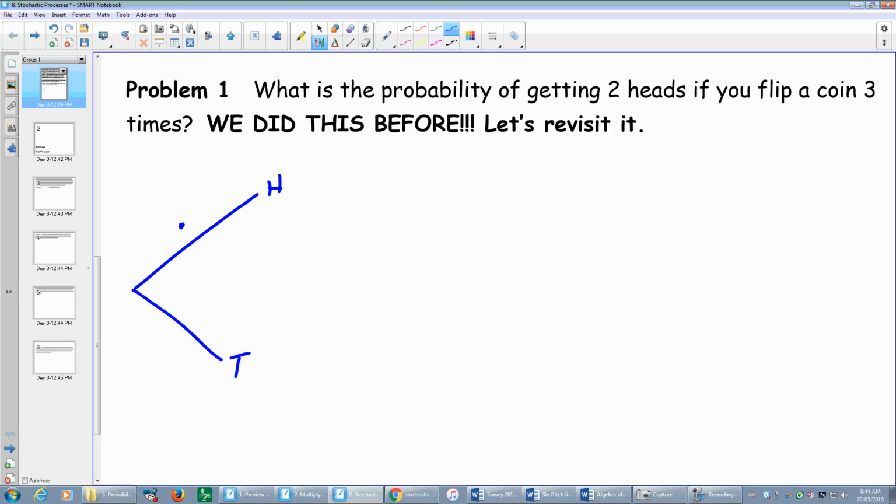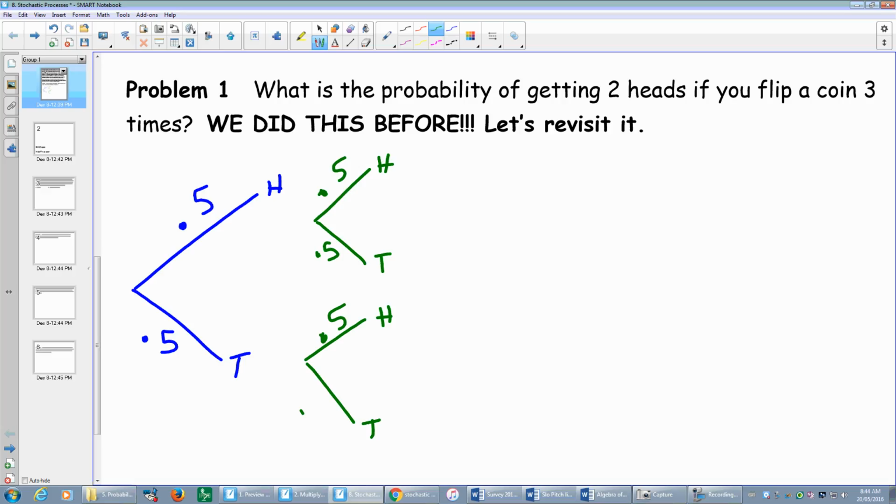There's a 50% probability that I will get a head or a tails. On my second flip, I can get a head or a tails, a head or a tails. And again, I have a 50% chance of getting these results.